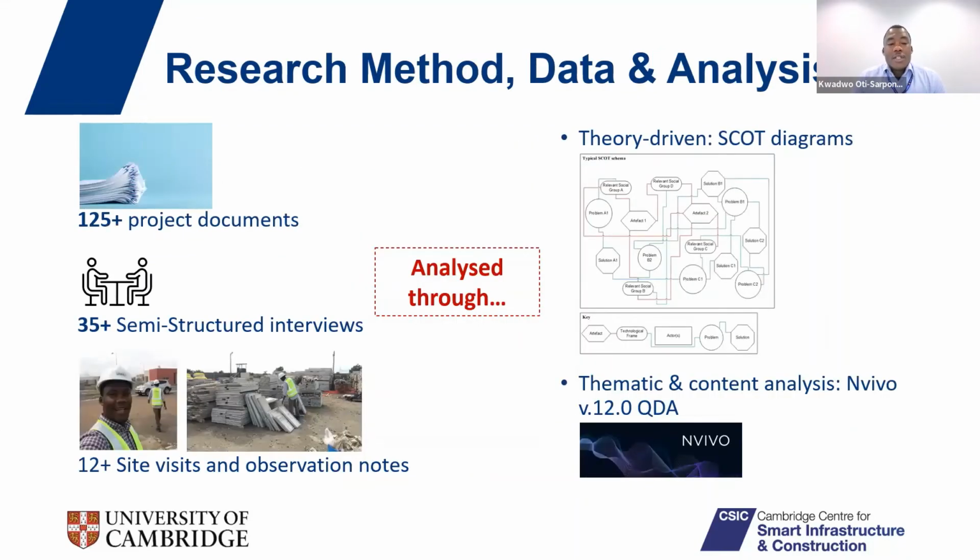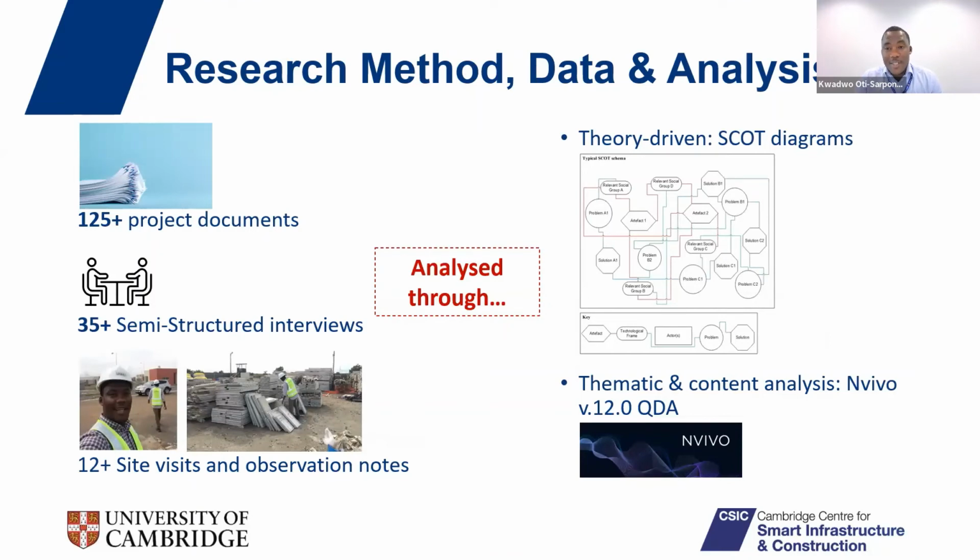Gathering data on this project was mainly qualitative. This included gathering over 525 project documents, conducting over 35 interviews, and you can see me on the site going for several site visits. I am now analyzing this volume of data.